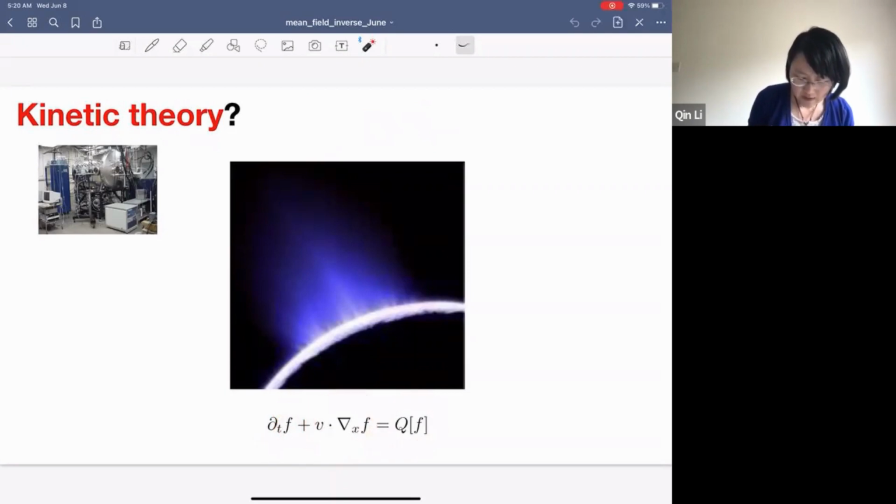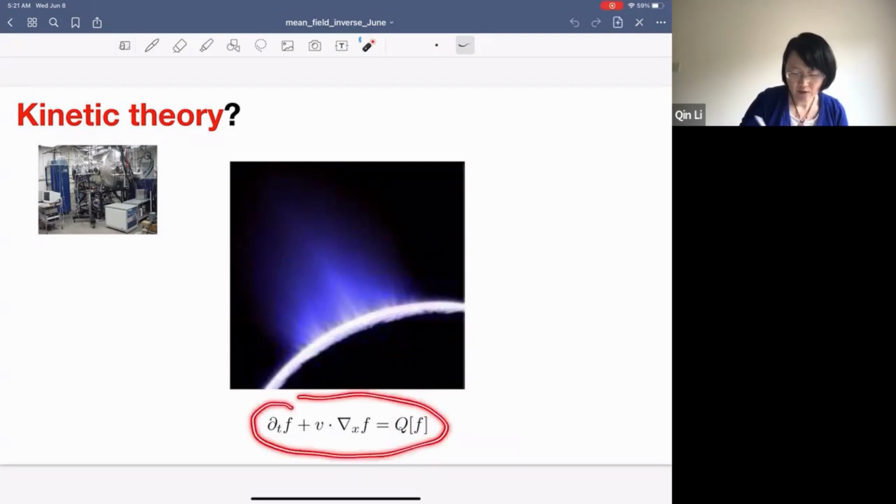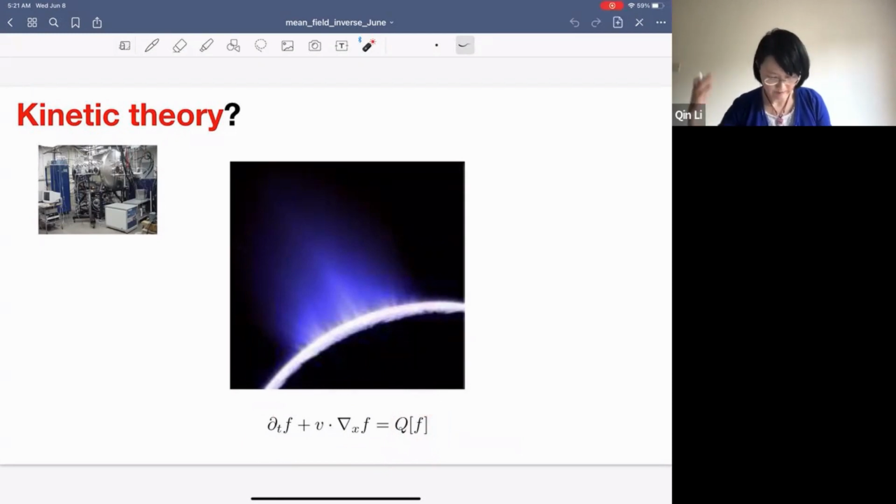Once again, the term on the left tells you the speed: along the x direction, I move with velocity v, so x dot equals v. And on the right-hand side, that's particles interacting with each other. It's a complicated operator, so let's not write it down explicitly, but you get the idea. The Boltzmann equation describes the dynamics of particles, in this case water vapor particles.